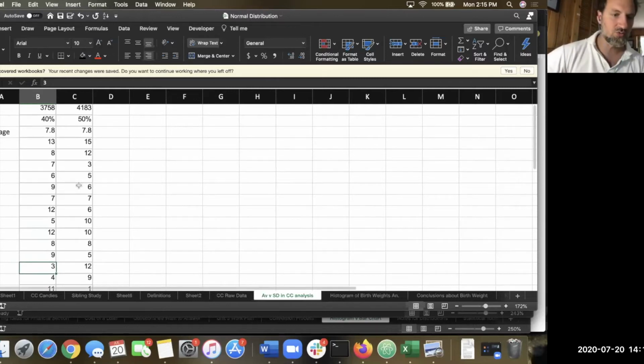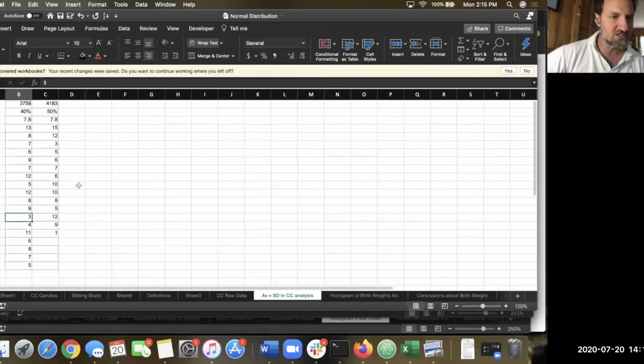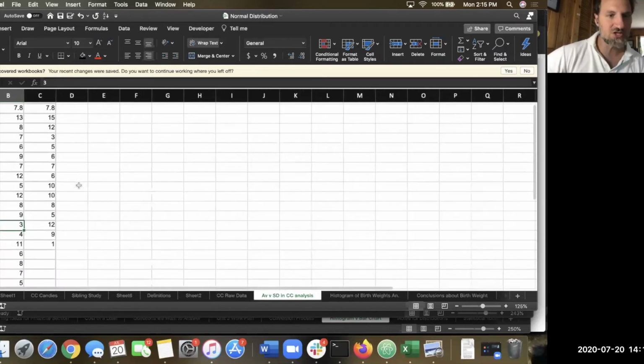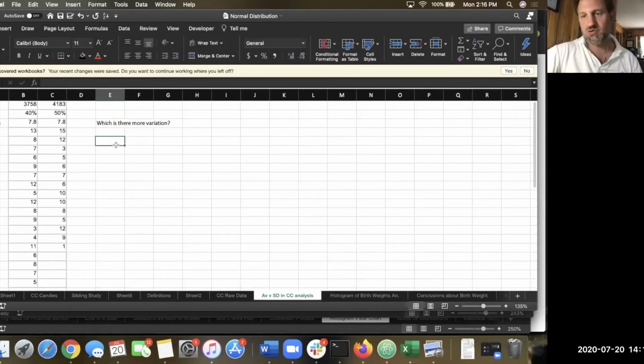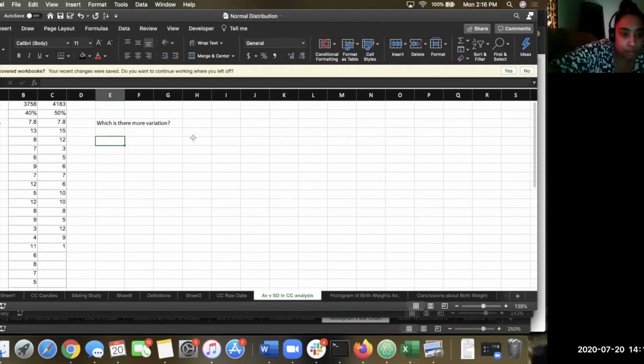Can you tell which of these has more variation? Which one do I see a bigger spread of results? The first one. Okay. Why do you say the first one?